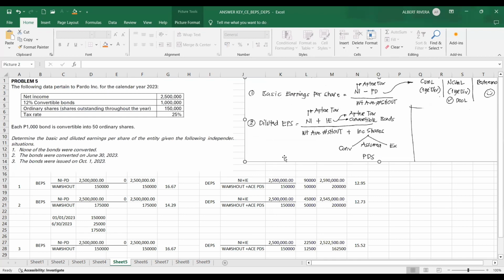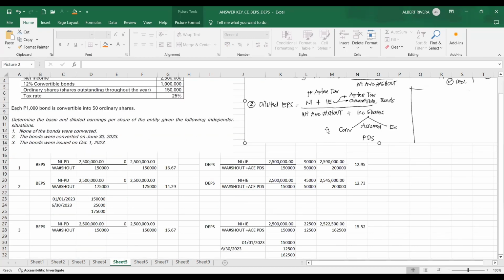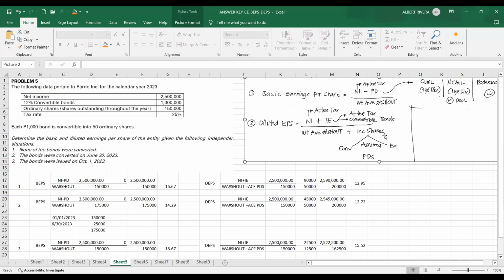Okay. So ito, diluted earnings per share is the net income plus interest expense coming from the convertible bonds, and this should be an after-tax item, divided by the weighted average number of shares outstanding plus incremental shares coming from the assumed conversion or exercise of potentially dilutive securities or securities that can be converted into ordinary shares. Okay.